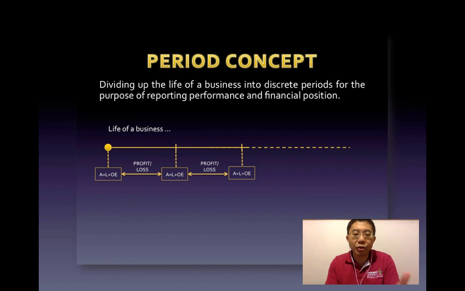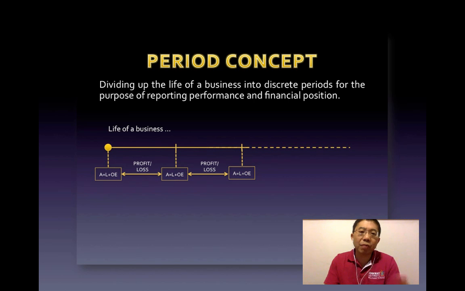Okay, so they are continuously kept. The balance is continuously accumulated over the periods during the life of a business. And as long as there's balance in there, we continue to carry those accounts forward. So that's the nature of the balances that represent assets, liabilities, and owner's equity.